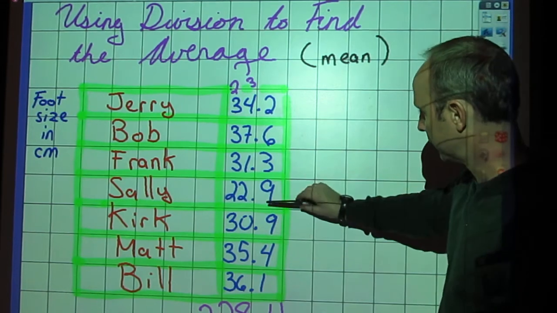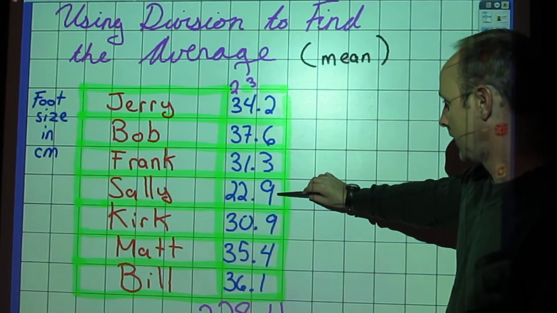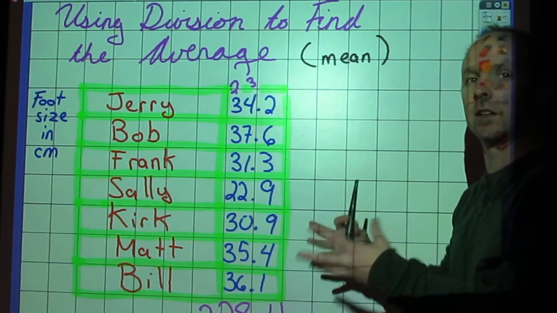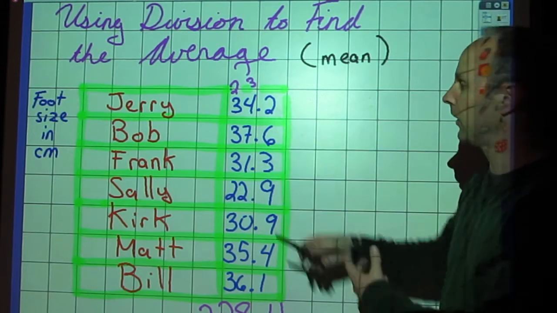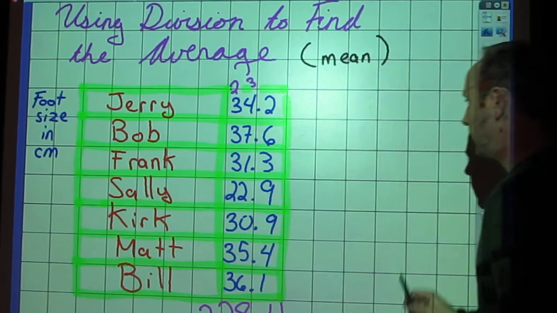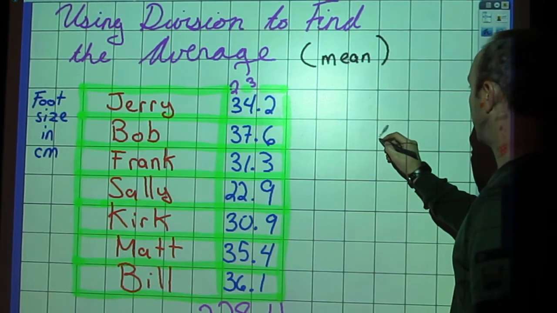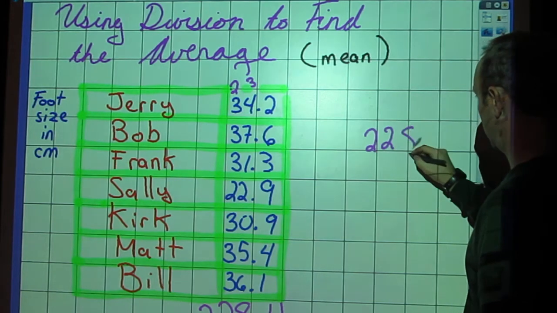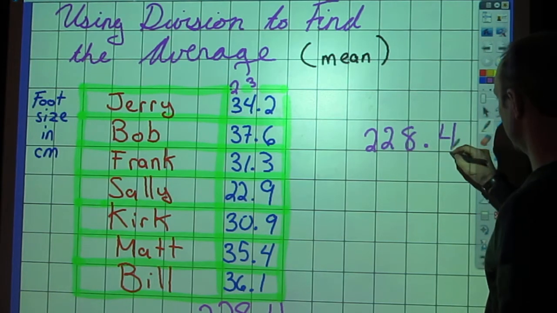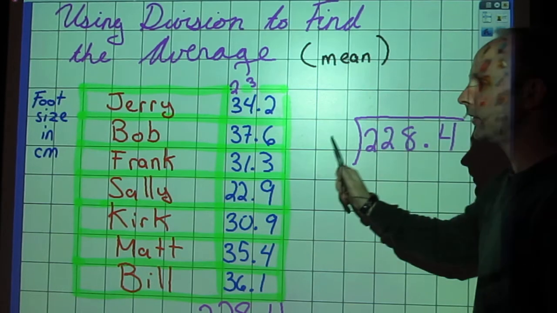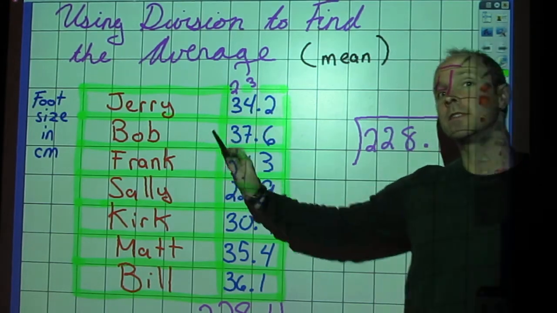So I know I have some small feet over here with Sally, and I know I have some rather large feet over here with Bob. So what would the middle of those two, and including the other people, be? So I have 228 and 4/10 centimeters. I'm going to use that as my dividend. And now your divisor is actually the number of data points you have.